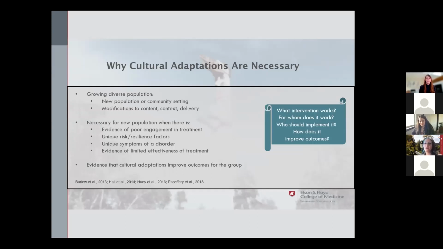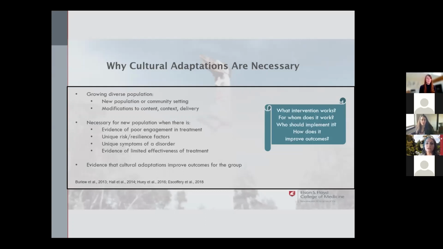Castro and colleagues define cultural adaptations as a systematic modification of the EBT or the protocol or the way that you're approaching it to consider language, cultural factors, and context in a way that is meaningful to the new community and includes their values.